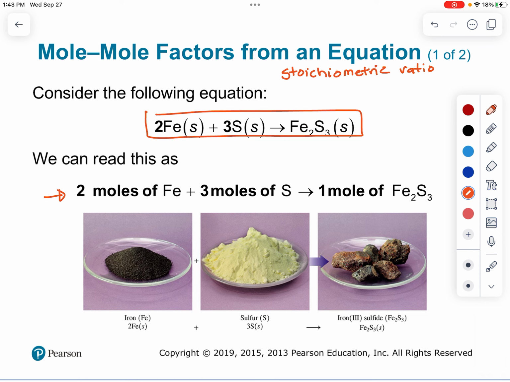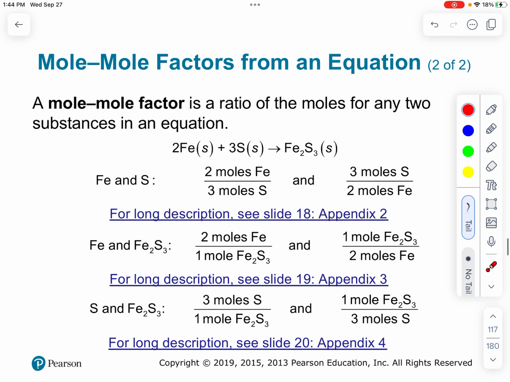This relationship, these mole-to-mole relationships, are also called stoichiometric ratios. And so with this chemical equation, 2 moles of iron combined with 3 moles of sulfur to make 1 mole of iron(III) sulfide. We can read that as 2 moles of iron plus 3 moles of sulfur make 1 mole of iron(III) sulfide.